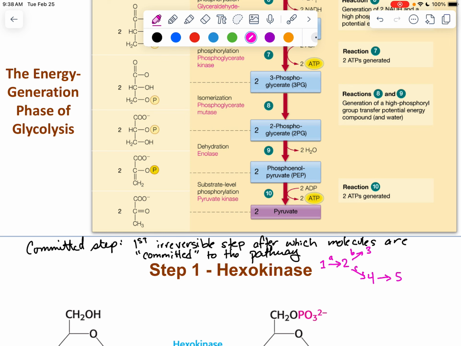And then we could keep going. We're just going to keep our pathway going. And finally, maybe this is our intended product. In this metabolic cycle, this step right here would be my committed step.